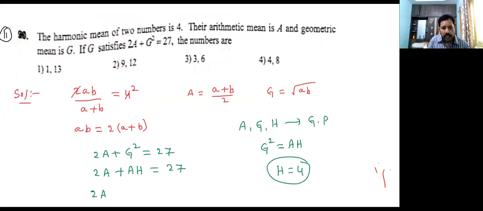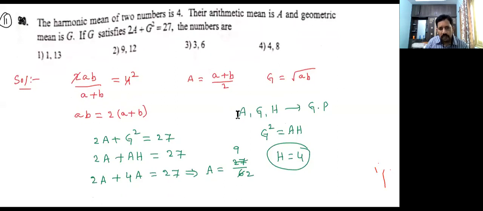So 2a plus, in place of H, write 4. 4a. That is equal to 27. 6a is equal to 27. Then a is equal to 27 by 6. Calculate this. 3 2s are 6, 3 9s are 27.